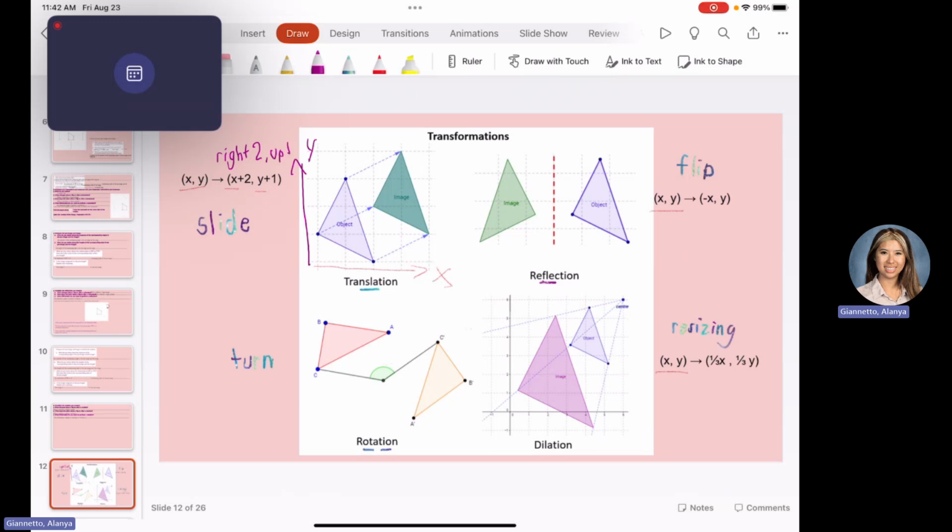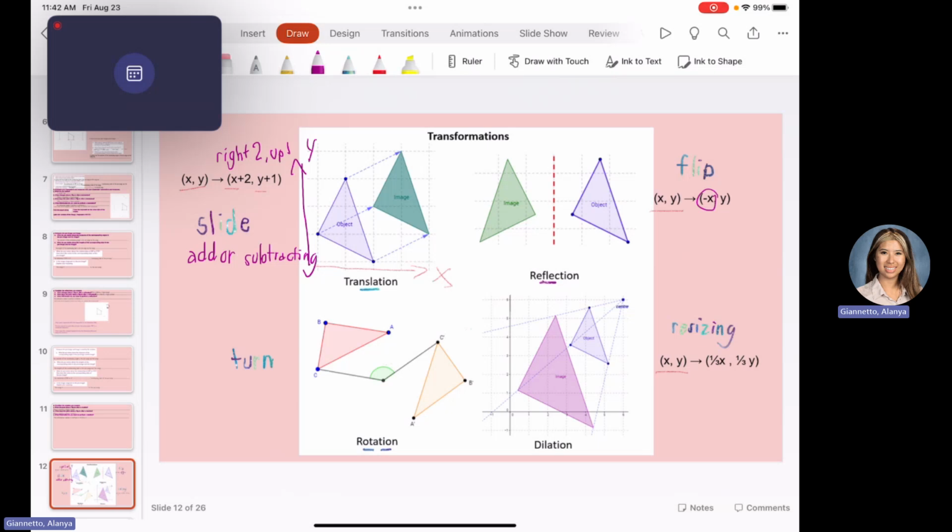So in a slide or in a translation, if you're adding or subtracting a number to the x and y, you know that you're sliding it, or it's a translation. Then over here, if we look at this rule for reflection, or the flip, we have x comma y arrow negative x comma y. So we can see that our x became negative.